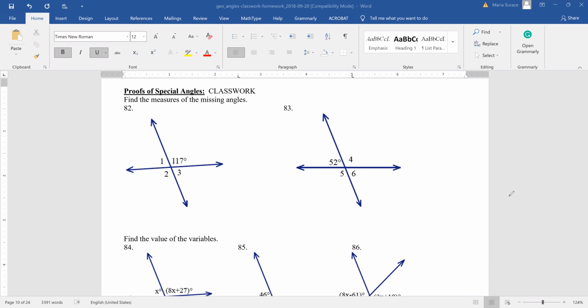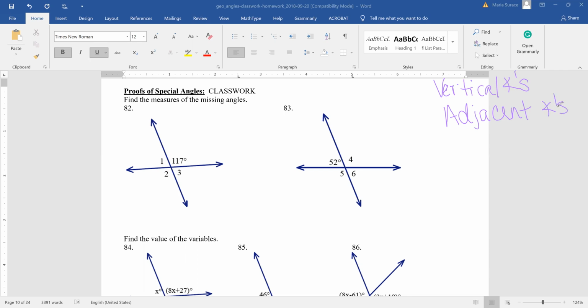In the first couple of problems, you're using two very special angles. You're using your knowledge about vertical angles, and you're going to use your knowledge about adjacent angles.